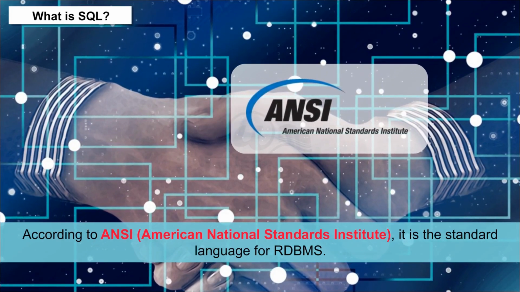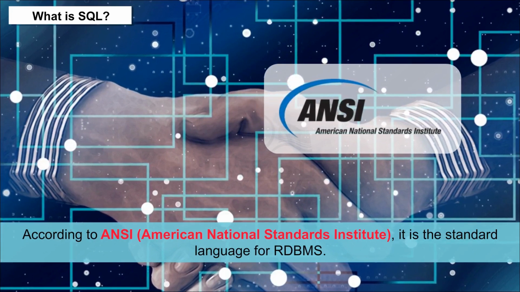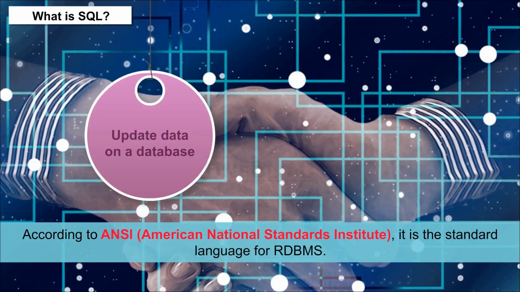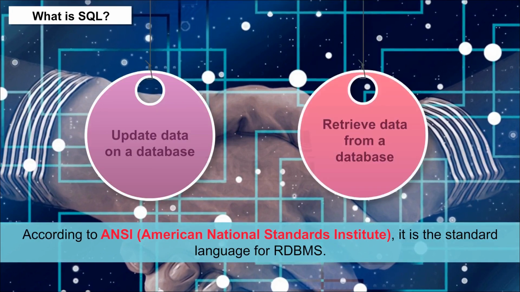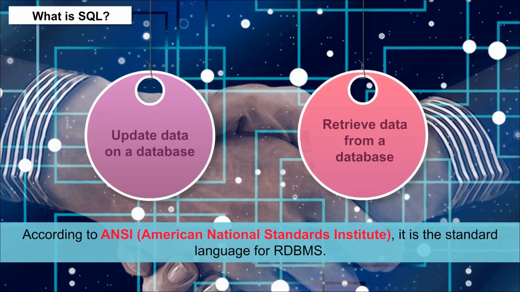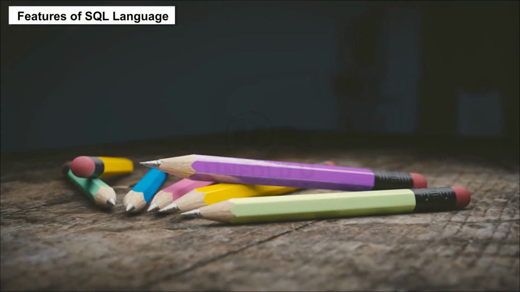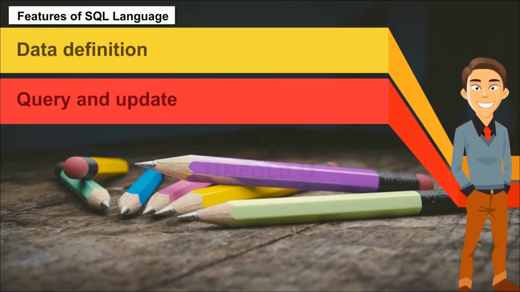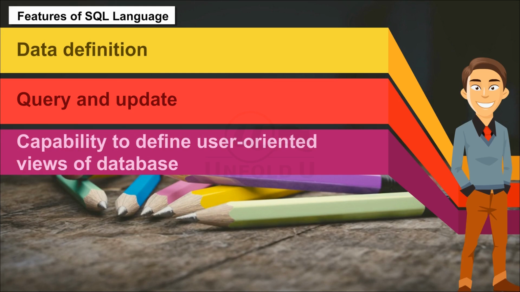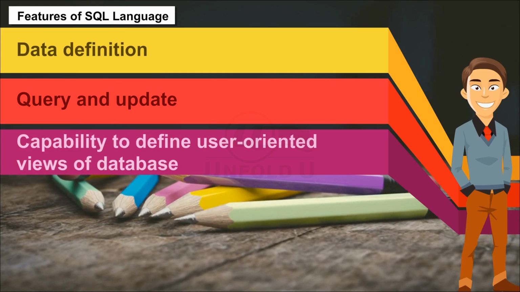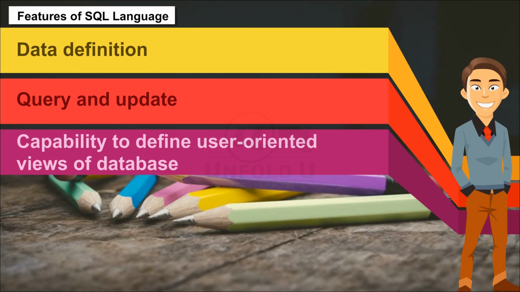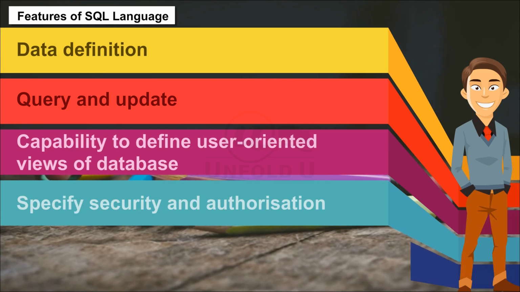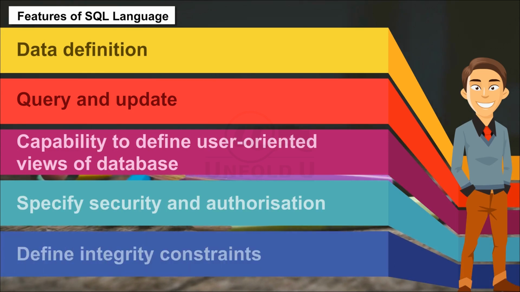SQL statements are used to perform tasks such as updating data on a database or retrieving data from a database. Features of the SQL language: data definition, query and update, capability to define user-oriented views of the database, specify security and authorization, and define integrity constraints.